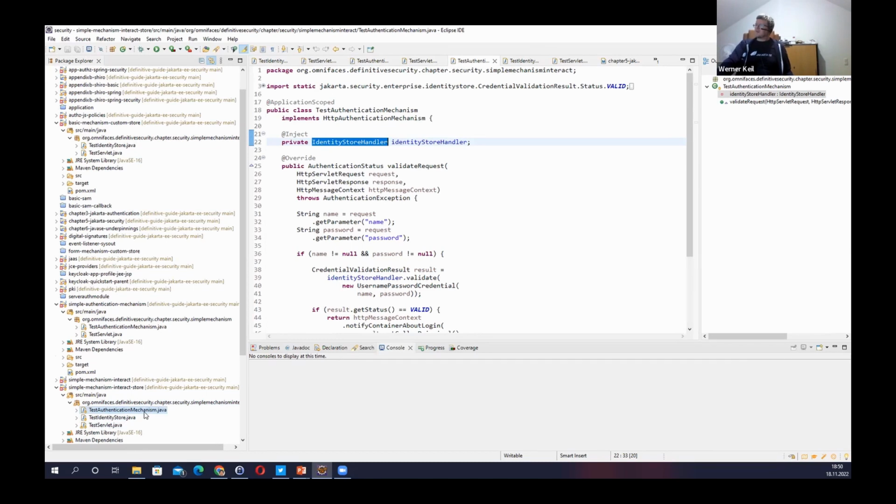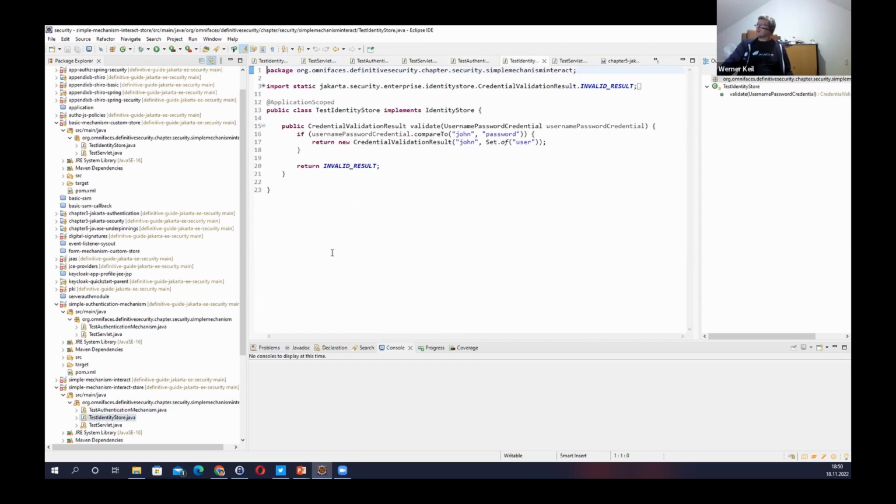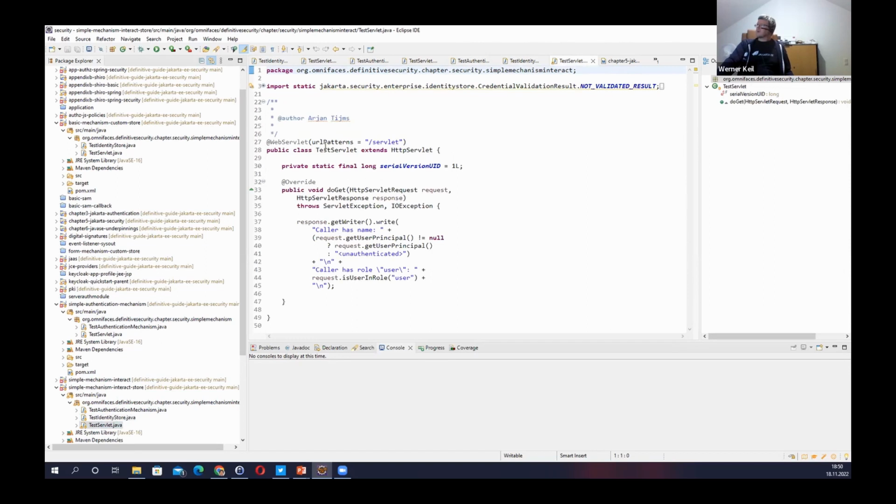Here we have another example for an authentication mechanism, combined with a customized identity store. And another test servlet.